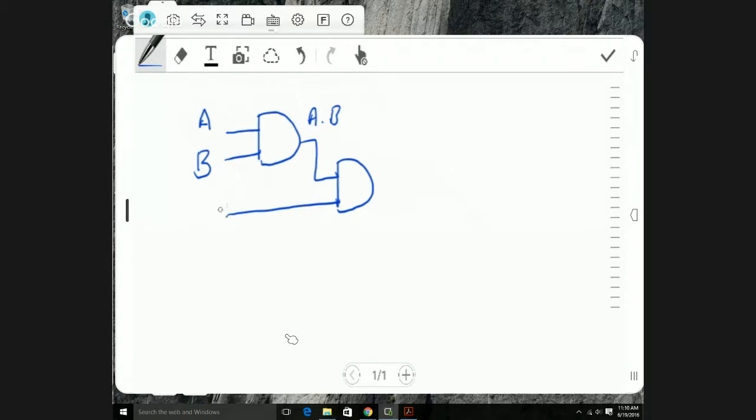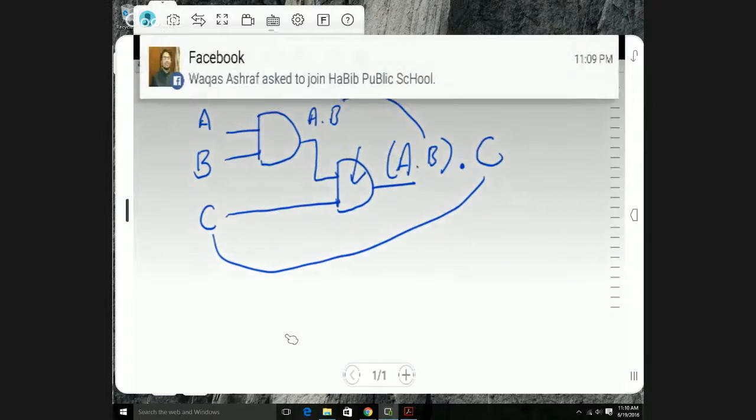So this is the third input, that is C. So now what will be the output of this gate? Can you guess? You can say that's A dot B, the output of the previous gate, and this whole thing is getting ANDed again with C. Alright?